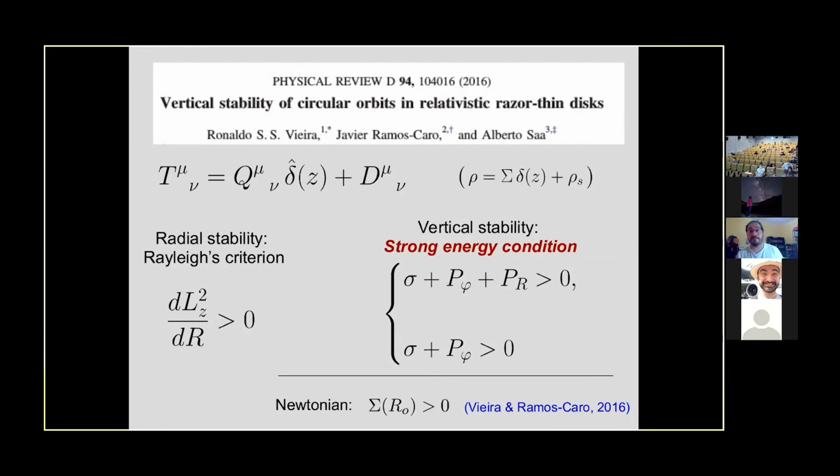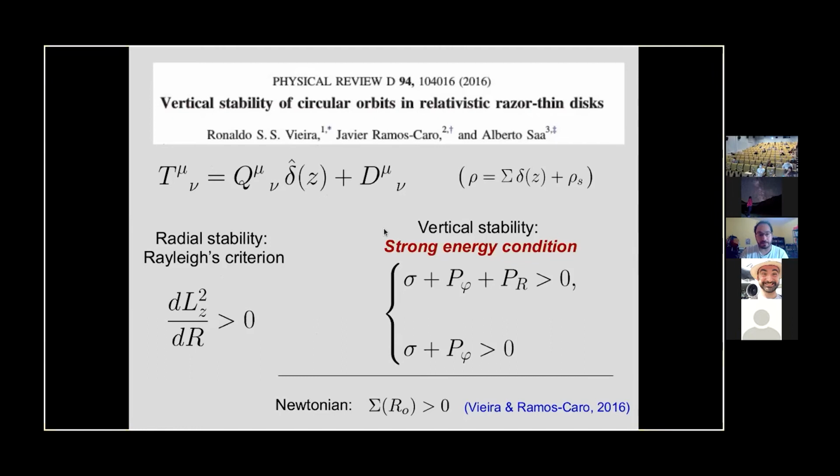Good. But we don't have a vertical epicyclic frequency in the system, because in this system the vertical epicyclic frequency would be proportional to a delta distribution. It is not well defined.